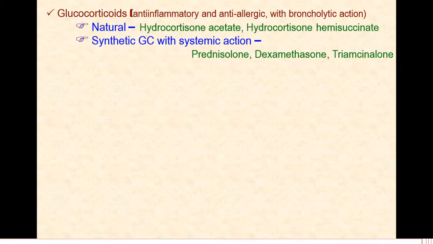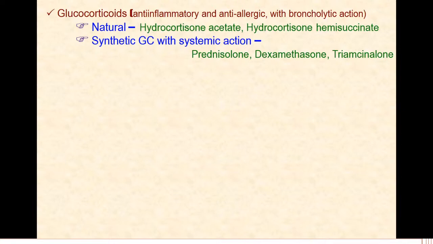More precisely, we will discuss this in a few lectures. These drugs are very potent anti-allergic, anti-inflammatory agents, with an additional broncholytic effect. But at the same time, they cause a lot of side effects associated with their hormonal activity.